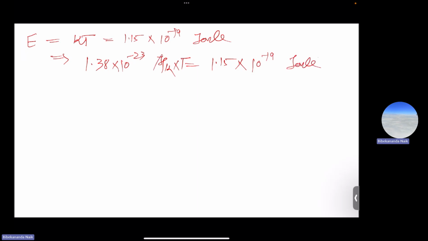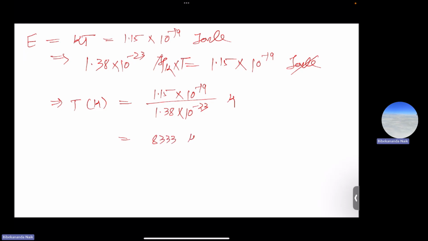So joule gets cancelled out, and the temperature will be in Kelvin, which is 1.15 into 10 to the power minus 19 divided by 1.38 into 10 to the power minus 23 Kelvin. So if you calculate, it will give 8,333 Kelvin.